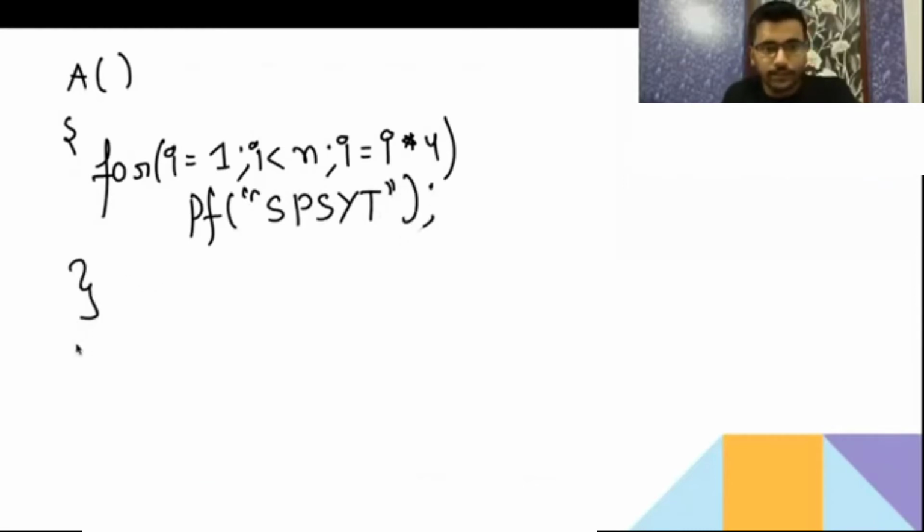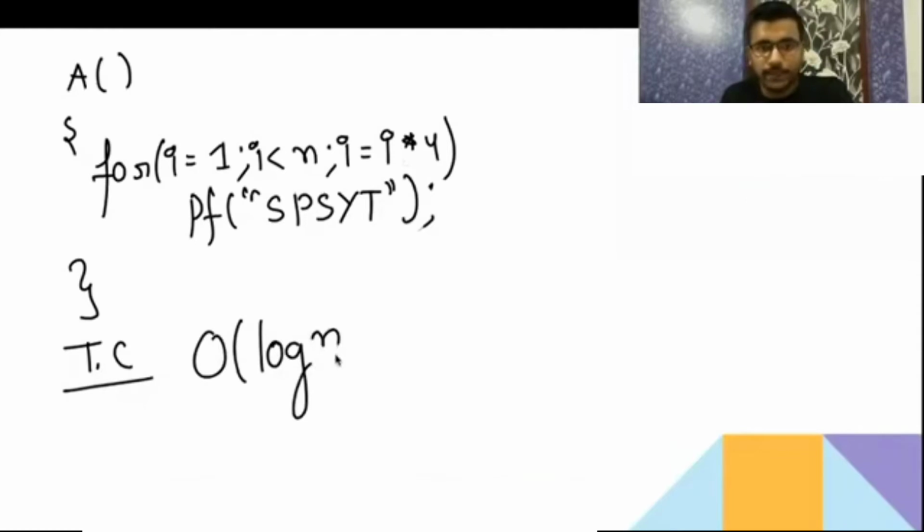So this one, time complexity is going to be, since it is increasing with 4, big O of log n base 4. Fine. Yeah, correct, Sweta. Correct, Ami.